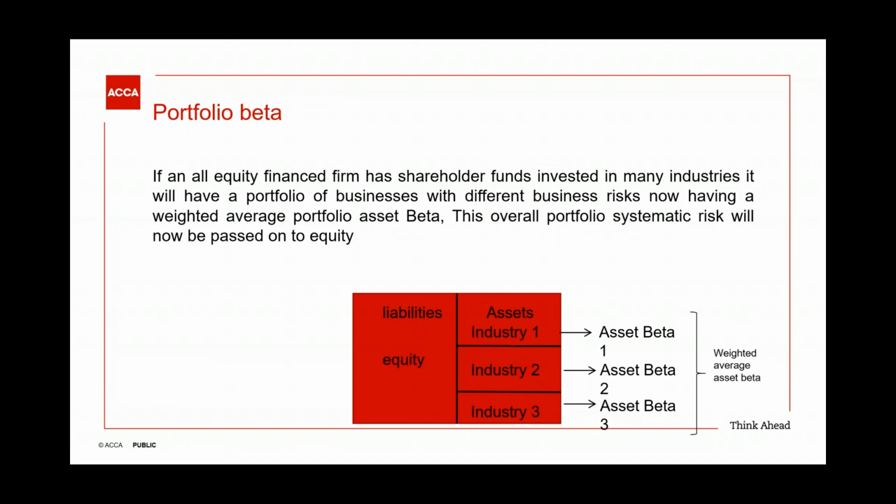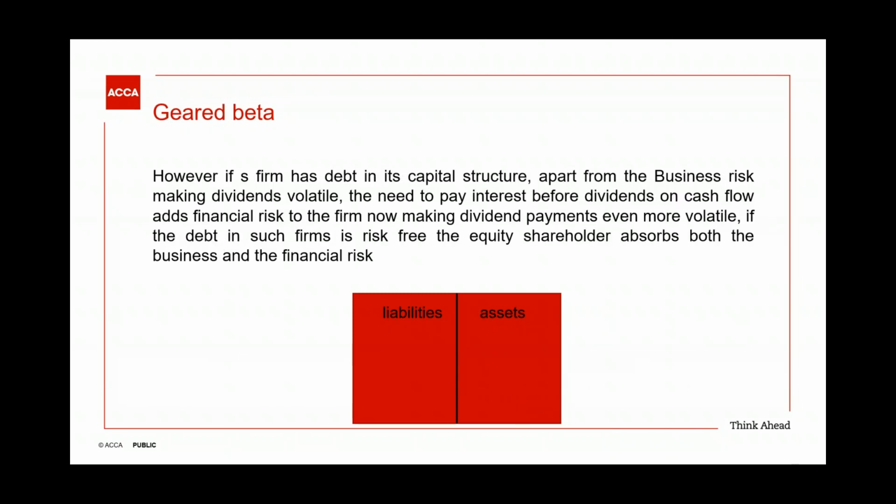If the company is all equity financed, that should now equal the equity beta. But the complication comes when you have a geared beta. That is, now on your liability side, you will have assets on your asset side, but your liability side now can consist of debt, which can have a debt beta, and equity, which can now have an equity beta.